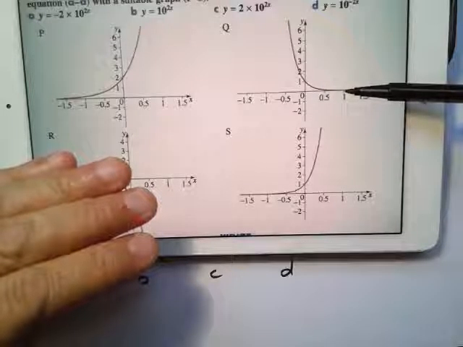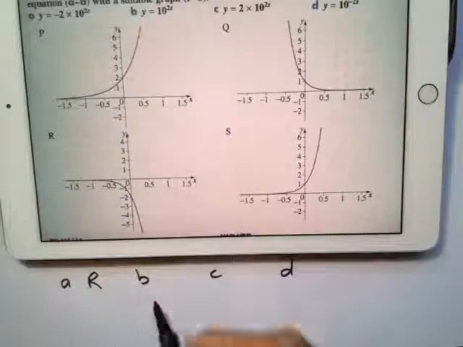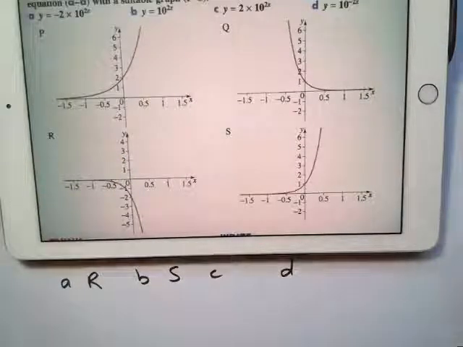This one, if x is 1, is very small, so it can't be this one, so my answer is S.